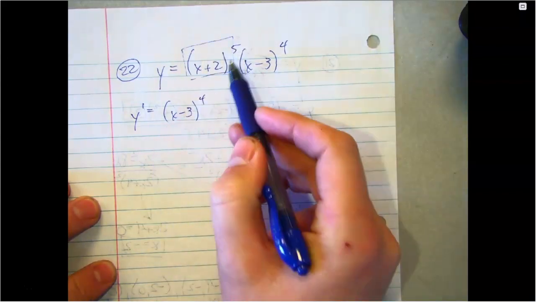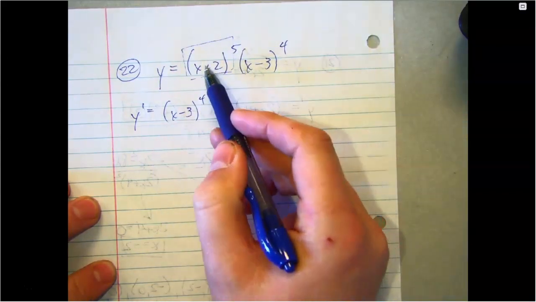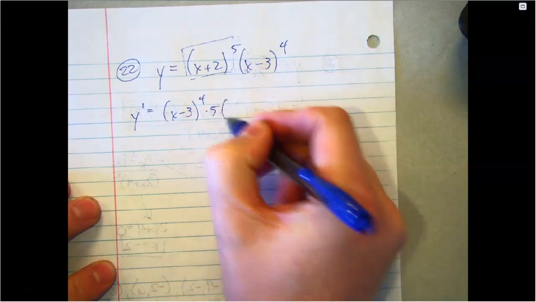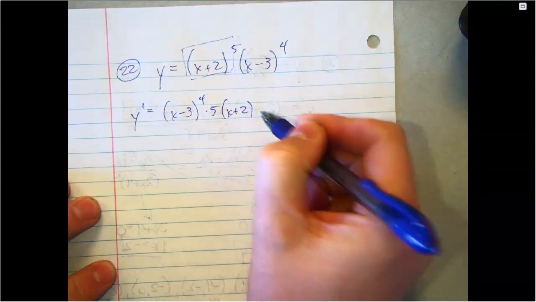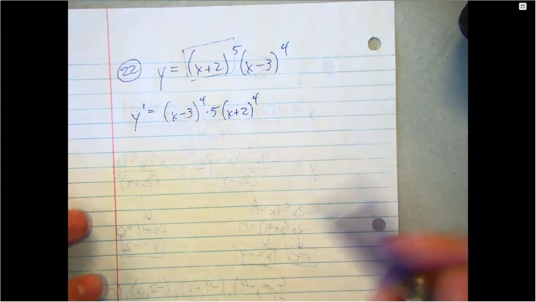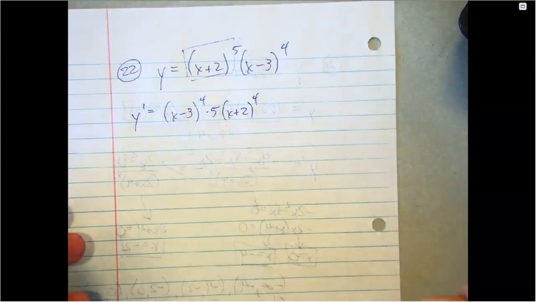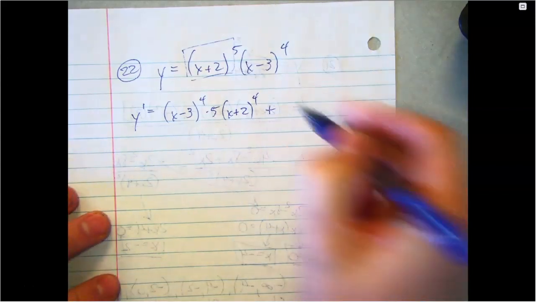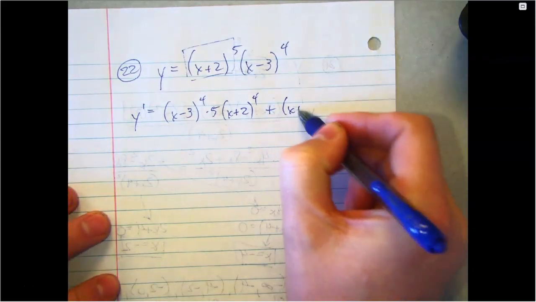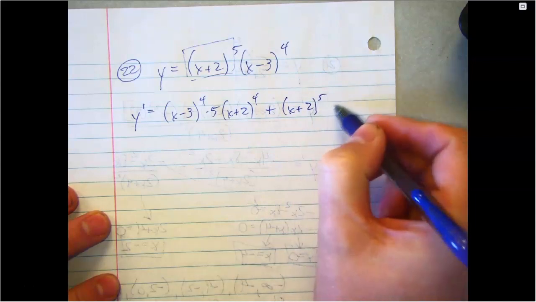So the derivative of the first thing is chain rule. So you bring down the 5, leave the x plus 2 alone, reduce the power by 1, and then multiply by the derivative of the inside. But in this case, what's the derivative of the inside? 1. Just 1. Plus first thing times the derivative of the second thing.